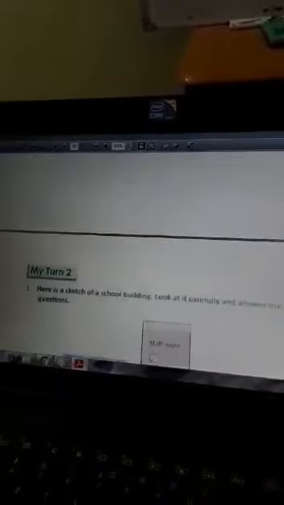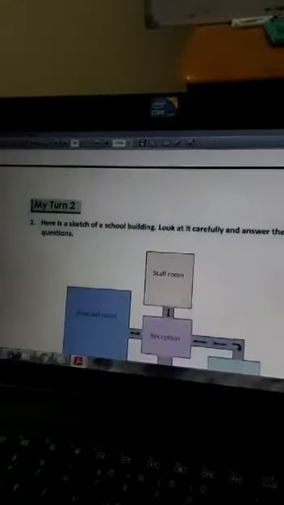Okay, so after this we will come to page number 12, my turn 2. Okay, here is a sketch of a school building. Look at it carefully and answer the following questions. Okay, so here we will look first at this one.